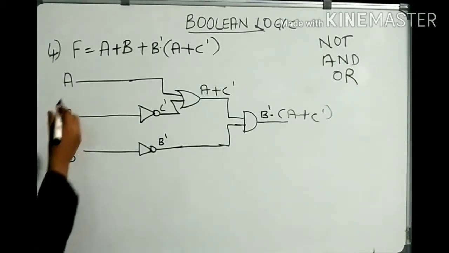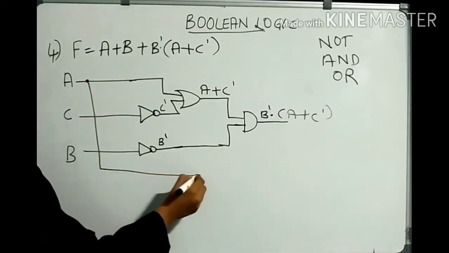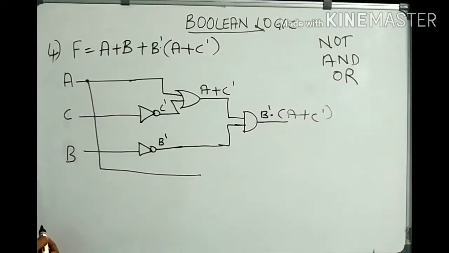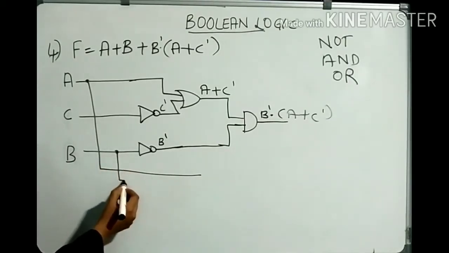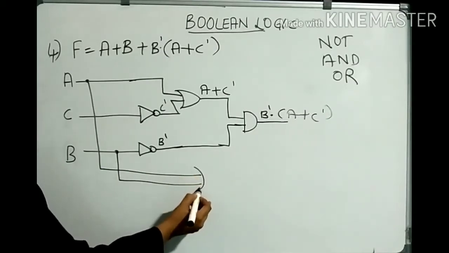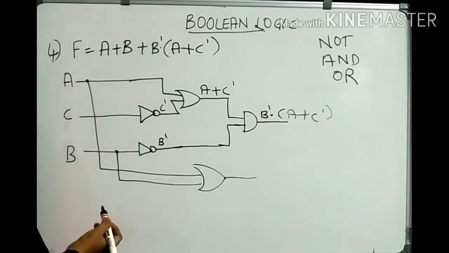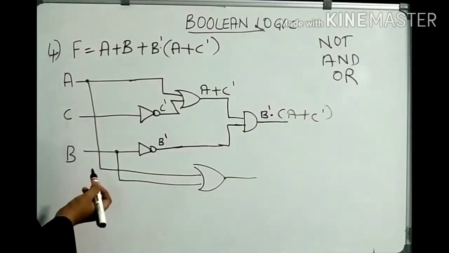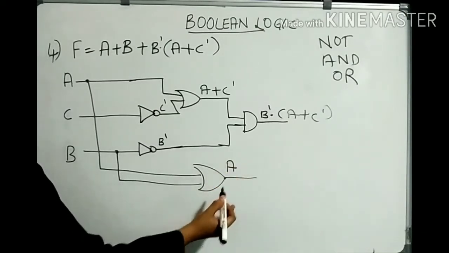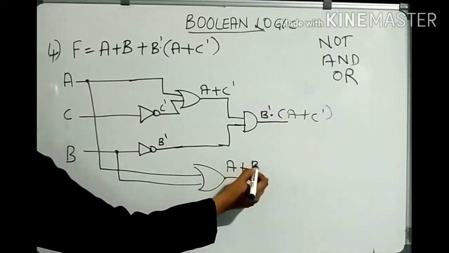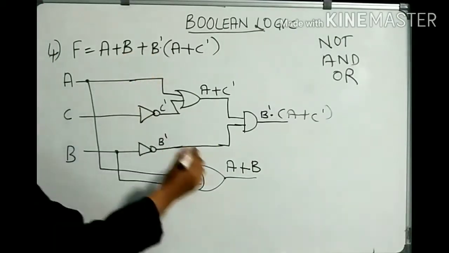Where is A? Yes, here it is. So A or B. We can see it like this: it is A or B. Then again an OR is here.